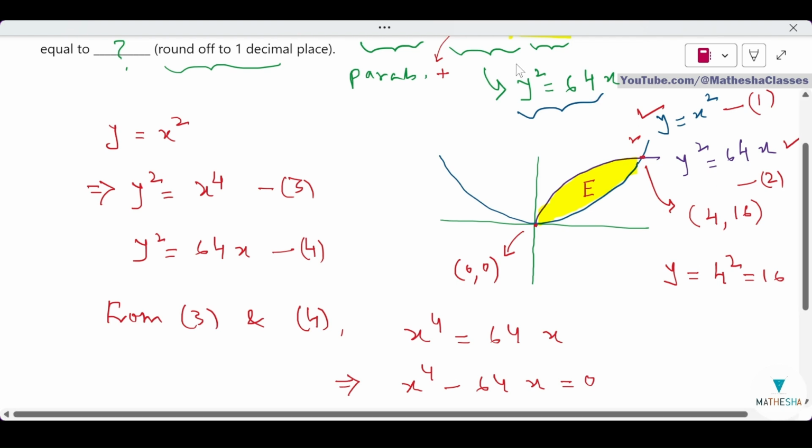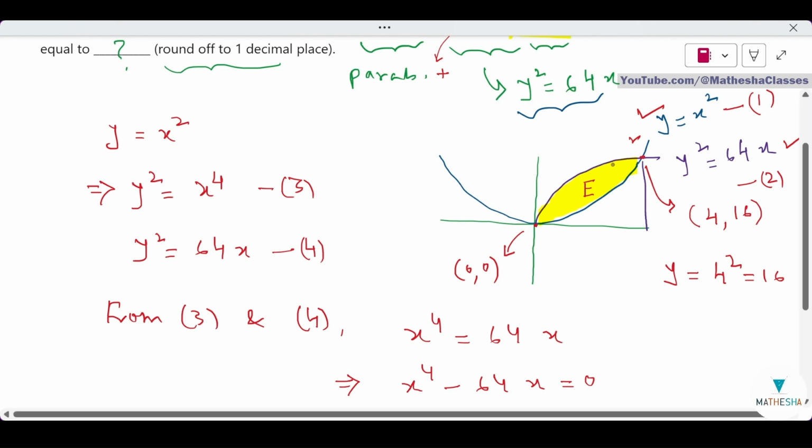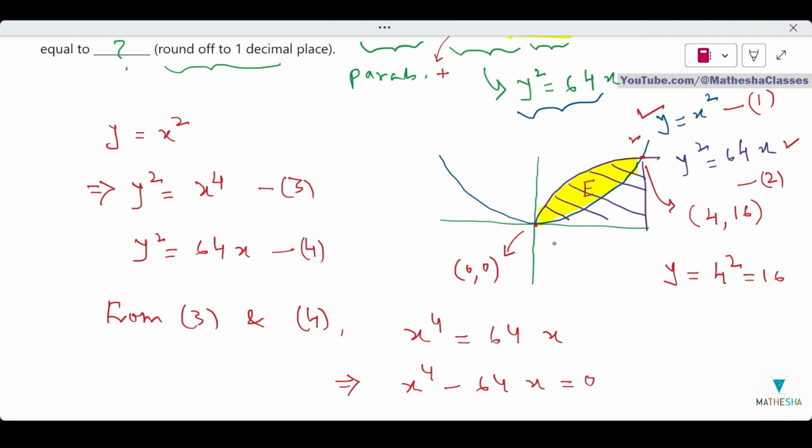So now you have to find out the shaded region marked as E. So how will you be doing this? First you will calculate the area of this one, and from that, subtracting this area will give you the value of E. So first let us try to find out this area.